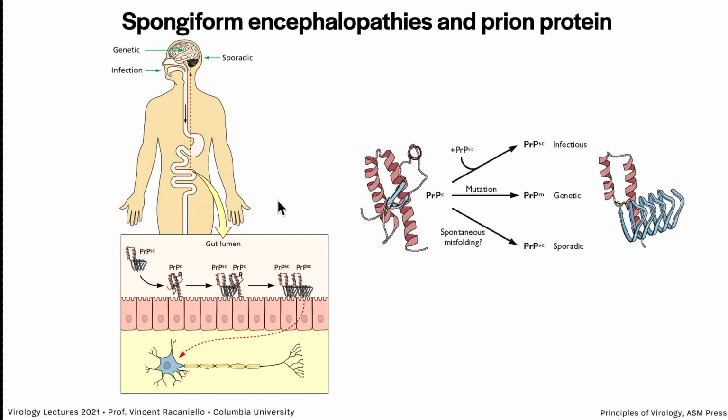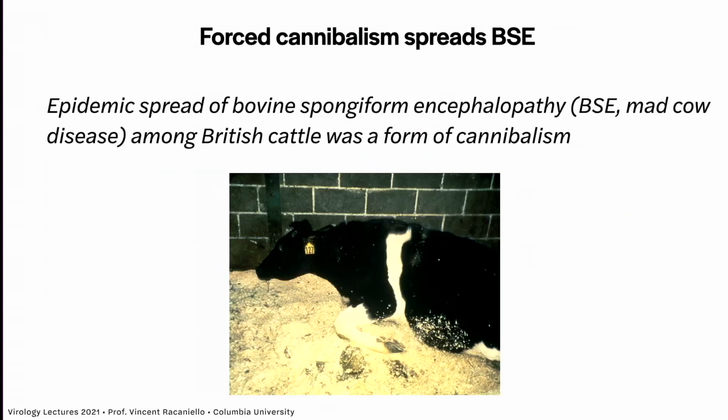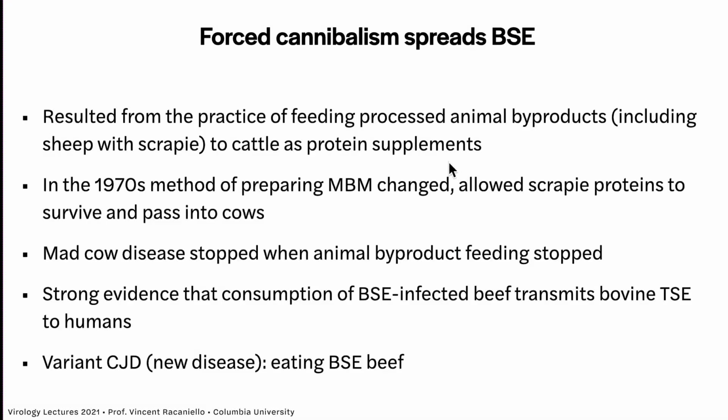It's resistant. Now, BSE arose in the UK. It's a form of forced cannibalism because they were feeding cows ground up sheep. And some of the sheep had died of scrapie. So this is a protein supplement, so your cows grow faster. You grind up other animals, including sheep and pigs and who knows what else.